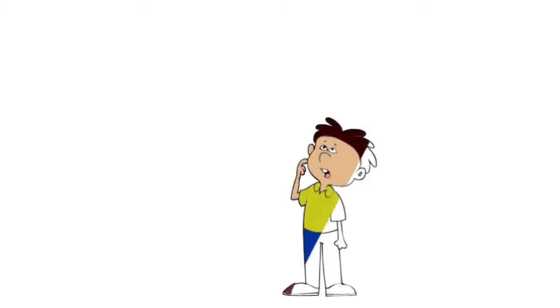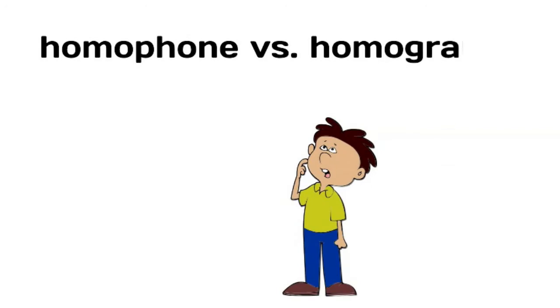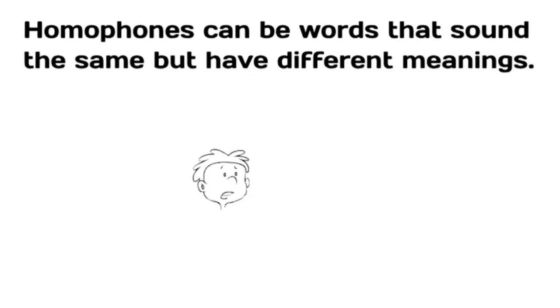Now, you're probably wondering, how do we distinguish between the two categories of words? The word homophone comes from the Greek word homos, meaning the same, and phone, meaning voice. Homophones can be words that sound the same but have different meanings.